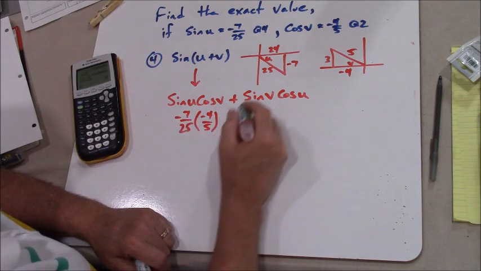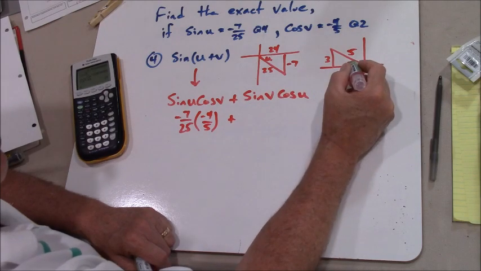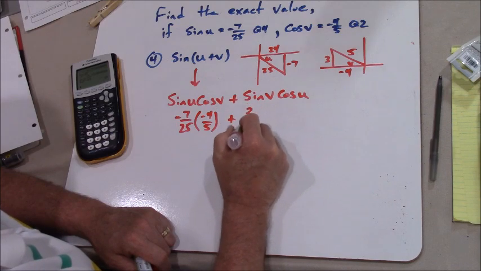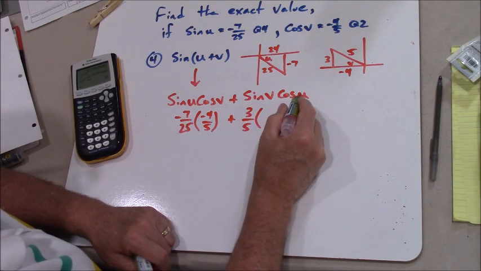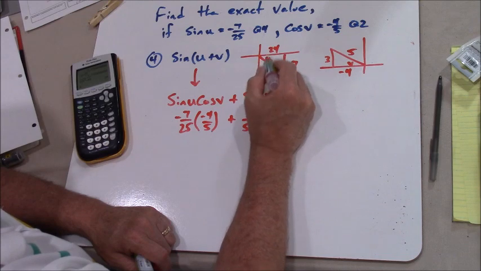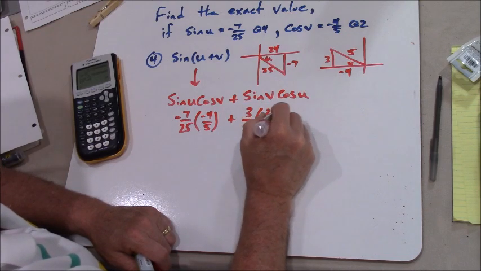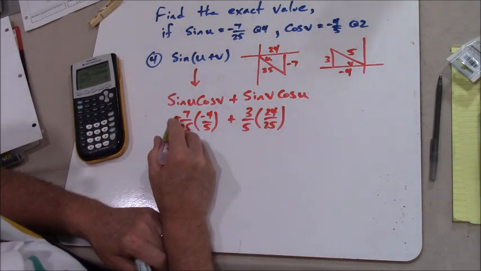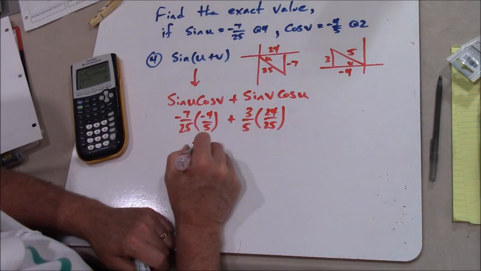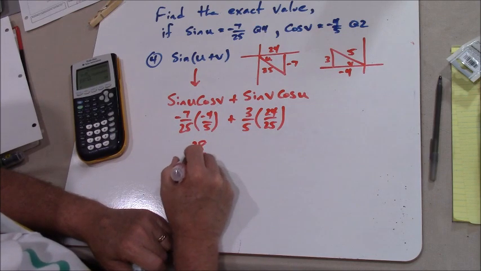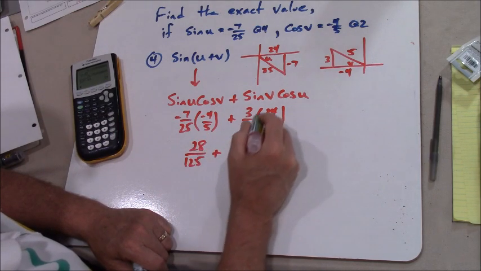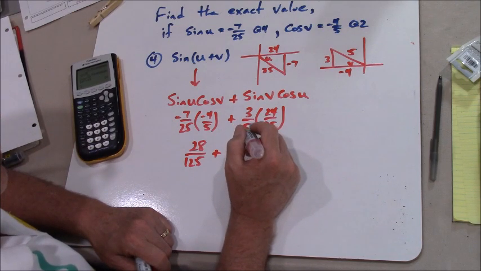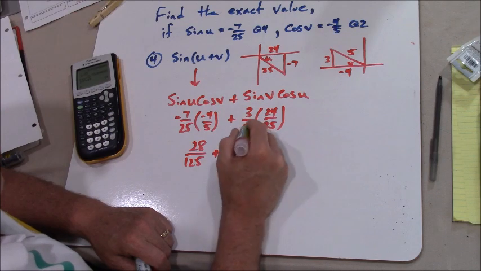And then plus sine of angle V, here's V. Sine is opposite over hypotenuse, so 3/5 times cosine of U. Cosine is adjacent over hypotenuse. And so here I've got a negative times a negative. That would be a positive 28 over 125, plus 3 times 24, which is 72 over 125.